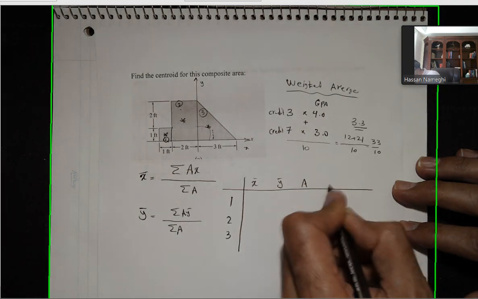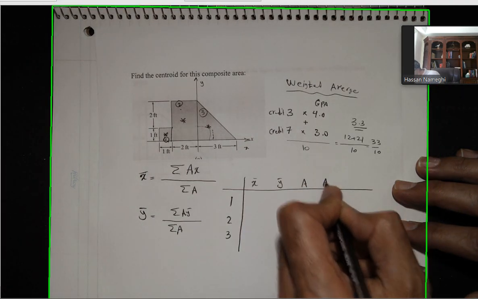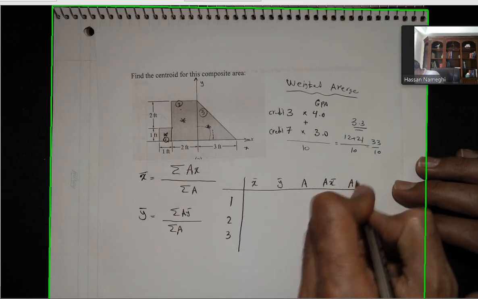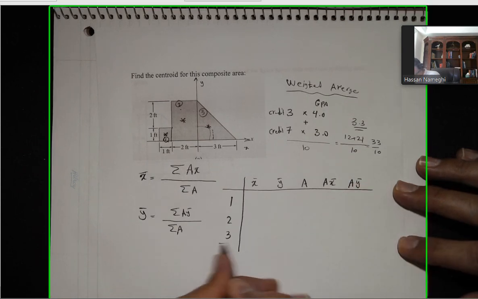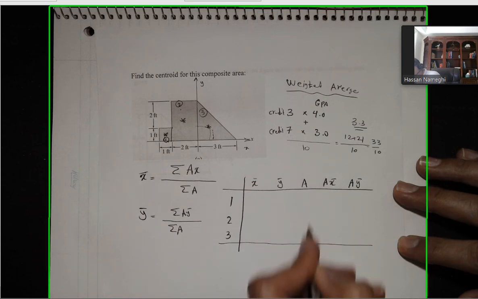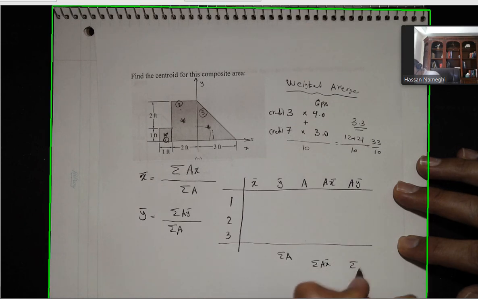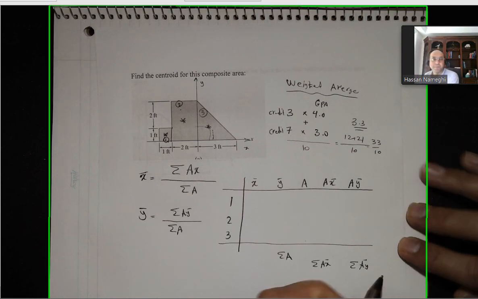Then I'm going to find a times x bar, and at the end a times y bar. In this table, I can add all the areas together to get the sum of a. In this column, I'm going to get the sum of a x bar, and in this column the sum of a y bar. That's easy. So let's do that.